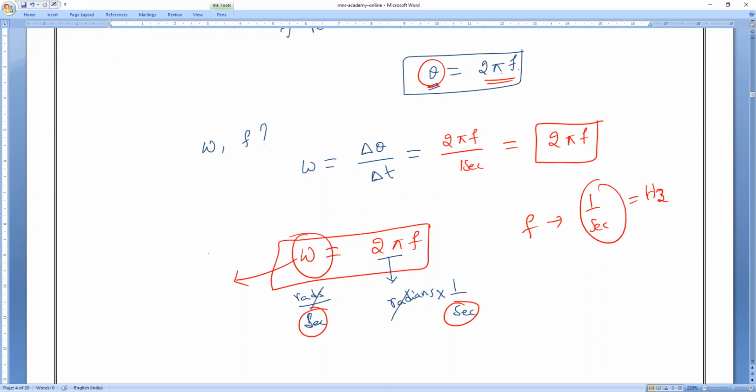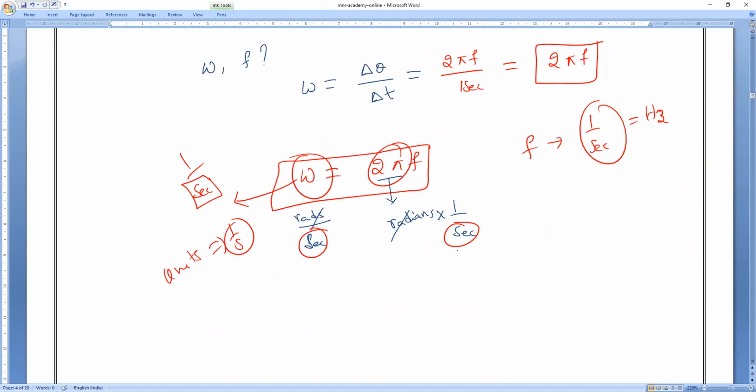What are the units of angular velocity? Respond, everybody. 1 by second, because 2 pi is in radians, so radians will get cancelled. Correct or not? Am I correct, everyone?